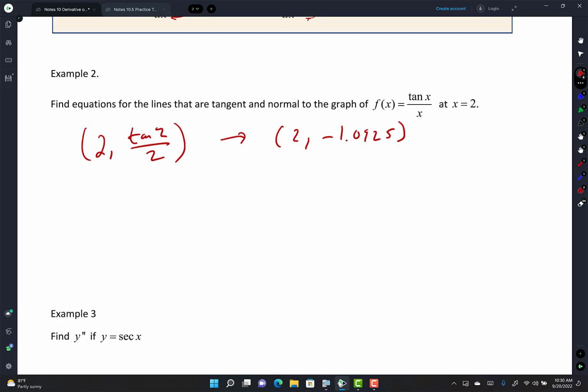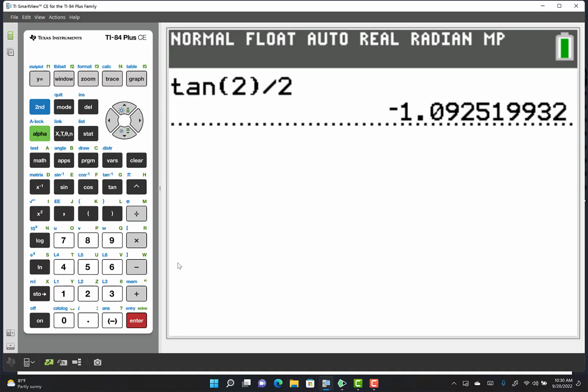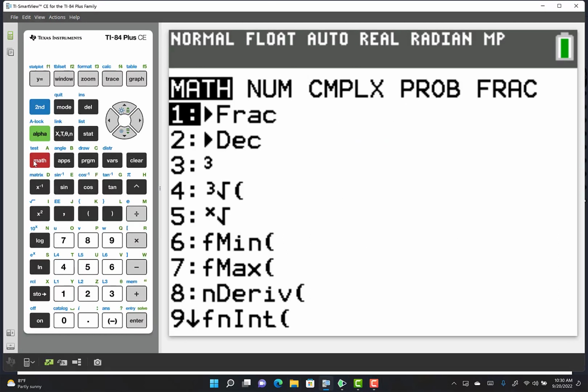Because we can use a calculator, I'm about to show you something. Only use it to check your work. I'm going to tell the calculator to take a derivative of that function at 2. You guys ready? I'm going to go slow. If you have a TI-84, push the math button and scroll down until you see something that says numeric derivative.